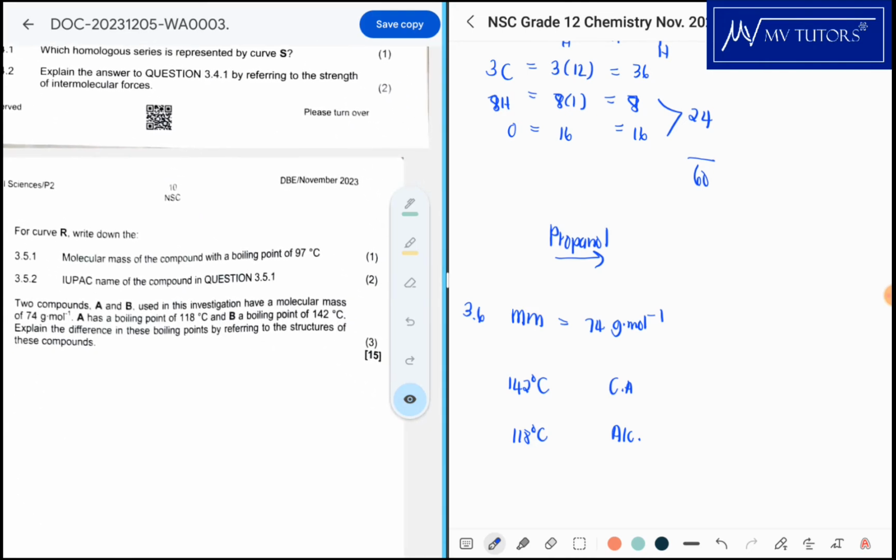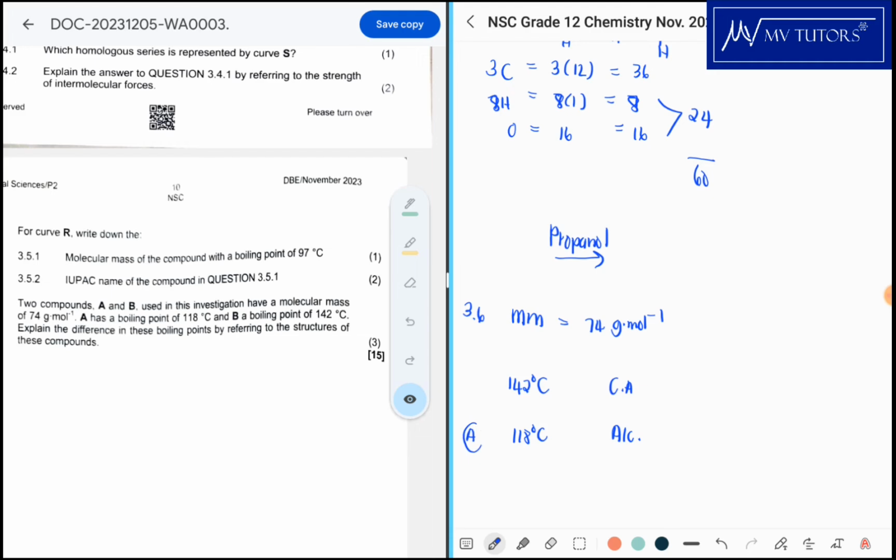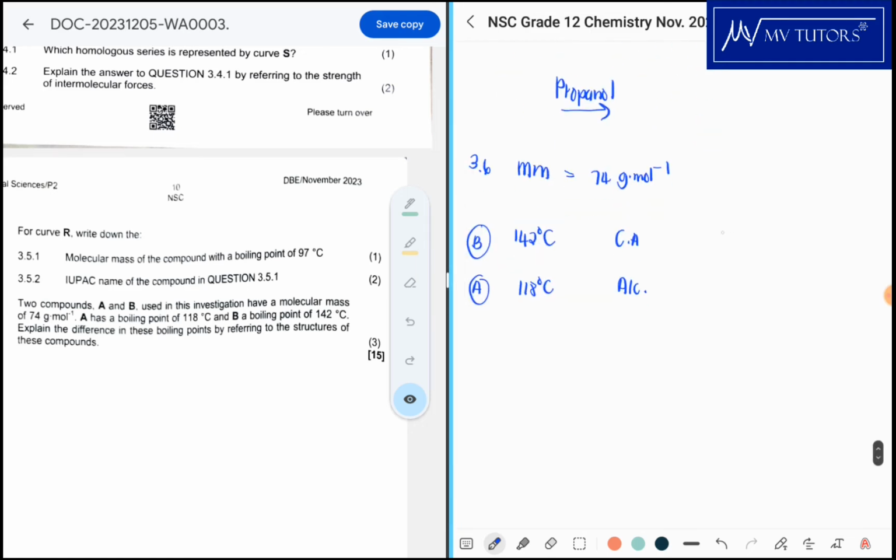So A is 118 and B is 142. Explain the difference in these boiling points by referring to the structures of these compounds. So a carboxylic acid, remember, has both the carbonyl group as well as the hydroxyl group. Because of that, you're going to have very high intermolecular forces, and you're going to need high energy to break them.